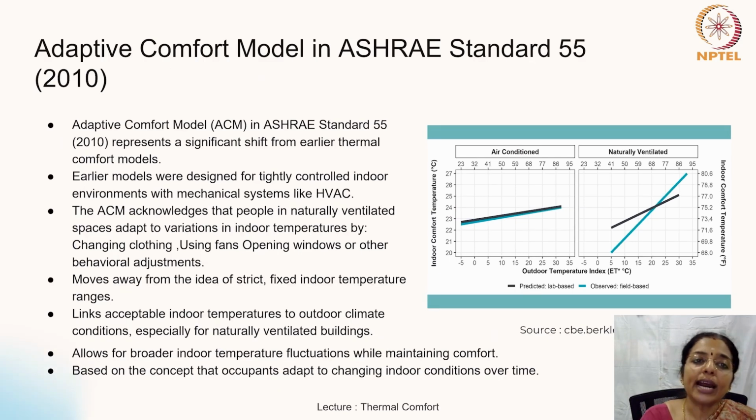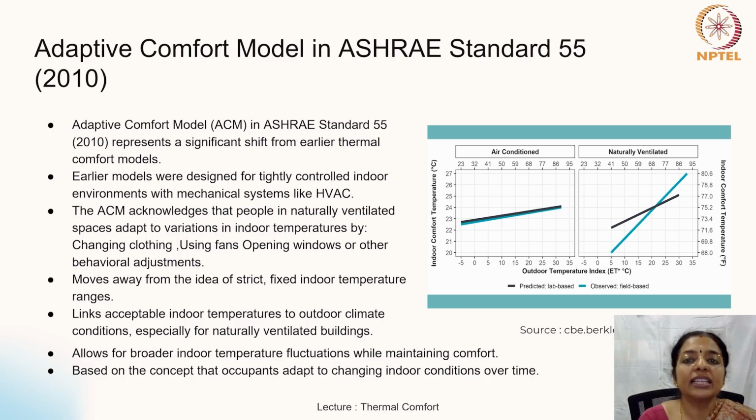So the adaptive comfort model in ASHRAE Standard 55 2010 came up. The earlier approach primarily relied on PMV and PPD models, which were based on controlled laboratory settings. These models assumed that indoor environments would be mechanically controlled and maintained within a narrow range of temperature and humidity level.